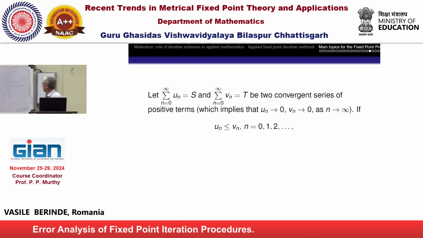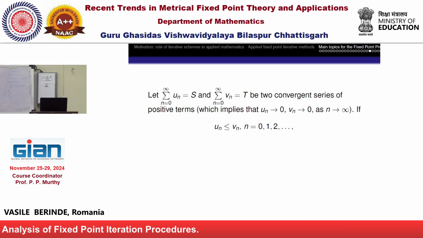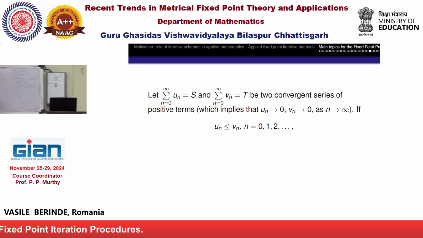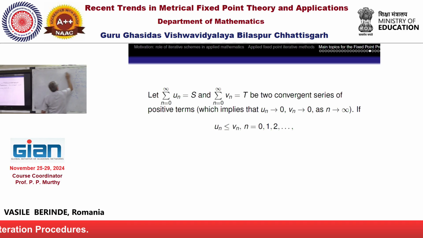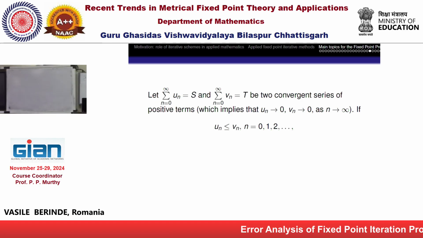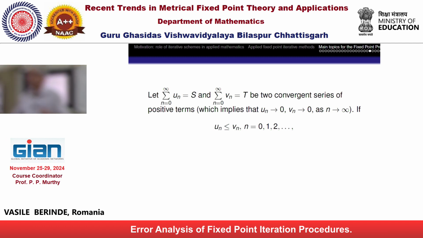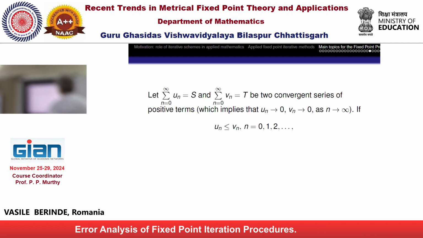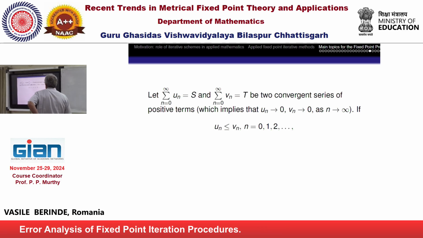I told you about a series of positive terms, and here I can speak in more detail because I presented some parts of this talk in Ghaziabad. He was attending. He's the only one, I suppose, who attended this. But there I could speak just a little bit about this. Here I can afford to speak more.